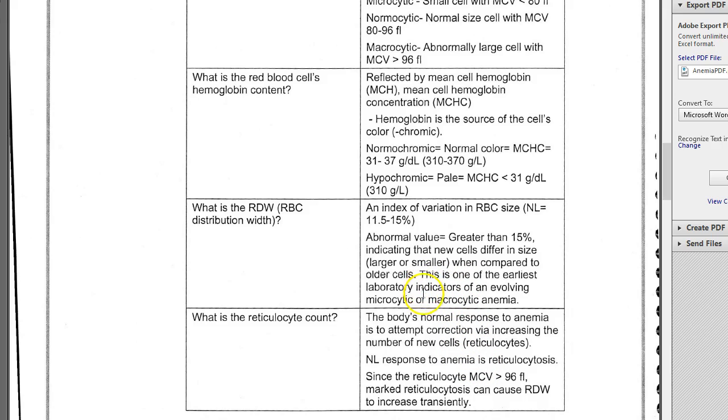But this is comparing old cells to new cells. It's one of the earliest laboratory indicators of an evolving microcytic or macrocytic anemia.